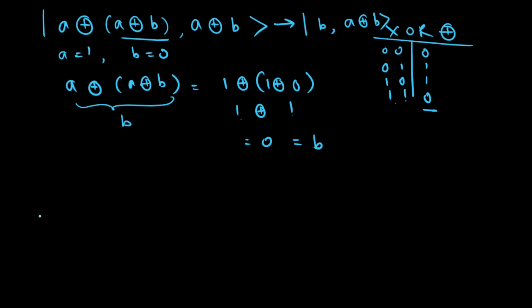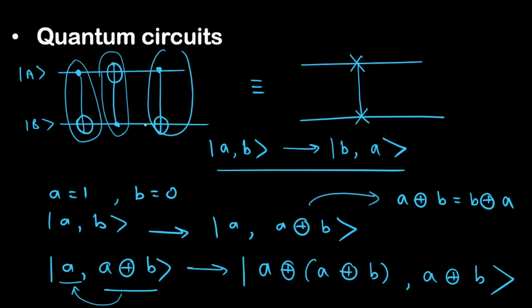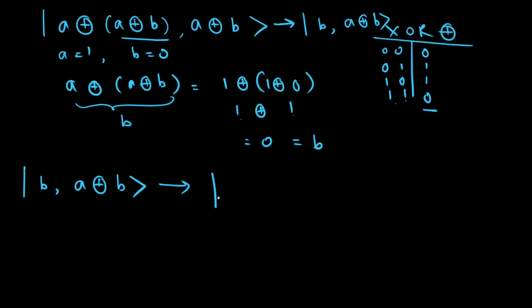Now for the third operation, we have B, A plus B, and again it will be operated by a CNOT gate, where the top state will remain the same, but the bottom state would be added modulo the top state.